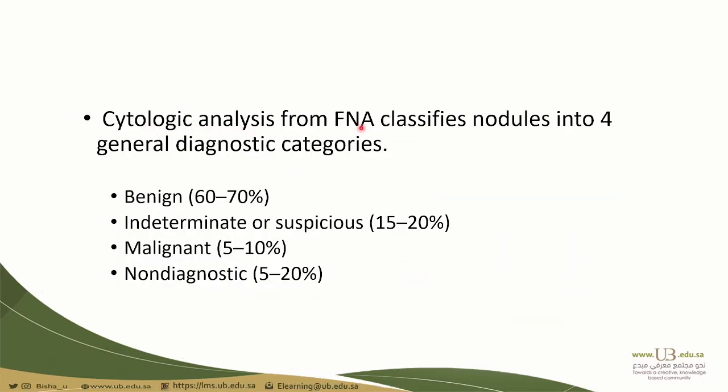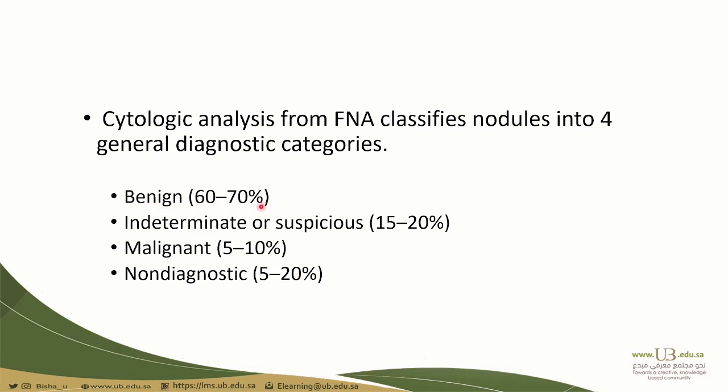The cytological analysis from the fine needle aspiration classifies the nodule into 4 general diagnostic categories: either benign, which represents 70%, indeterminate or suspicious, 15 to 20%, malignant, 5 to 10%, or non-diagnostic in 20%. And according to that, I can do surgery.